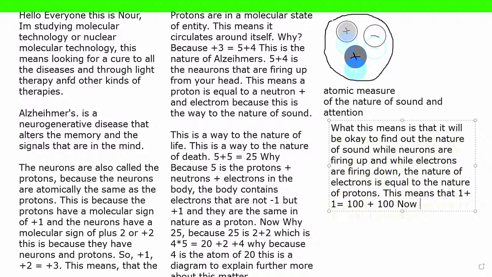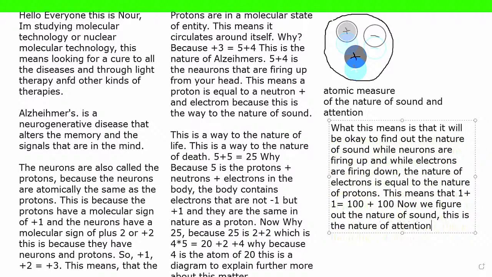Now we figured out the nature of sound. This is the nature of attention. 1 plus 1 is equal to 2. Why? Because 2 plus 2 is equal to 4.